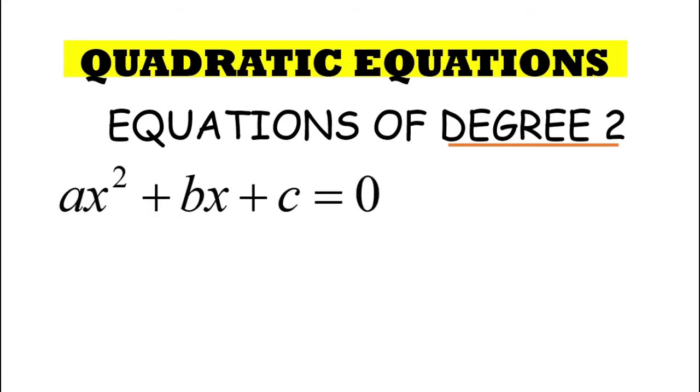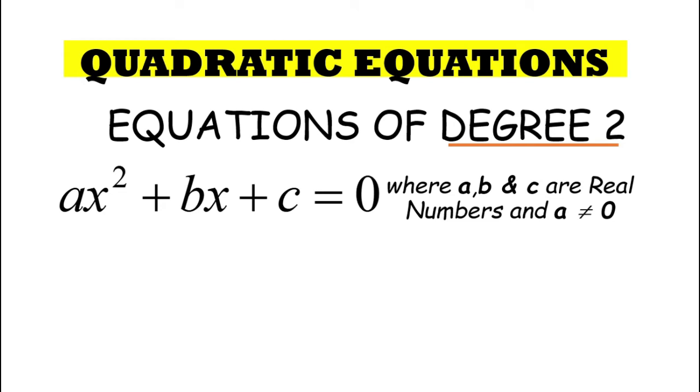To understand more about it, let's have the standard quadratic equation, and that is ax squared plus bx plus c is equal to 0, where a, b, and c are real numbers, and these numbers are again given numbers, and a is not equal to 0.